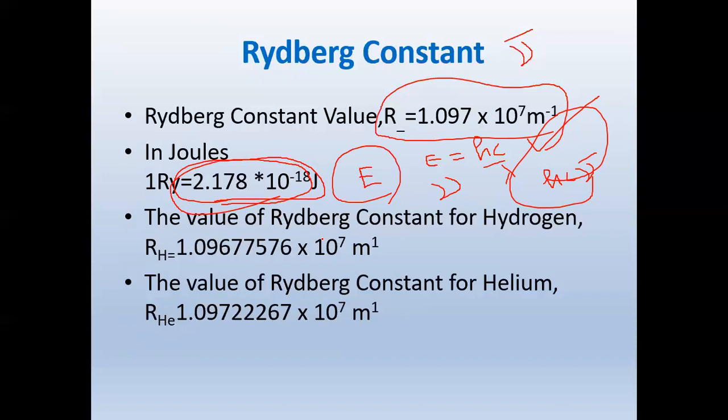And Rydberg constant for hydrogen, RH is approximately 1.096 into 10 raised to 7. And for helium it is approximately 1.097 into 10 raised to 7 per meter. So this is per meter. So that is the value of Rydberg constant for hydrogen and helium.